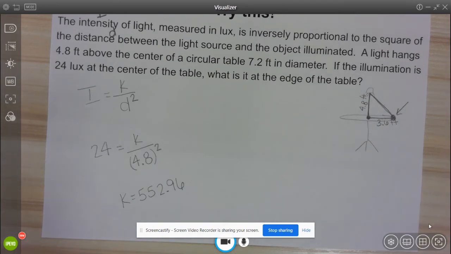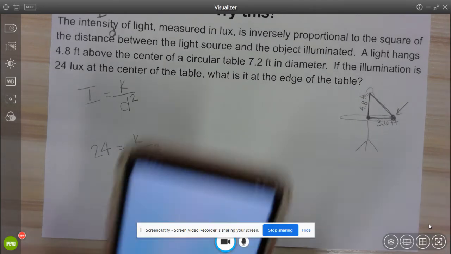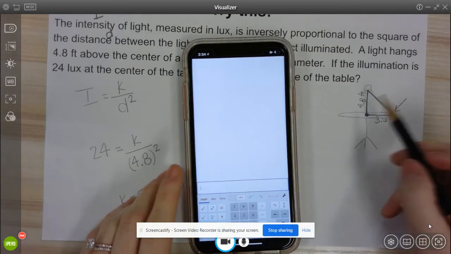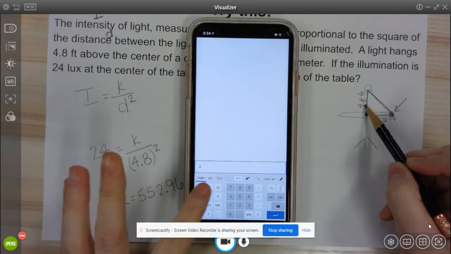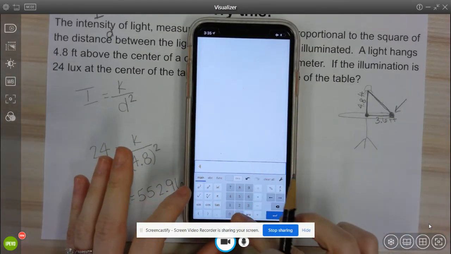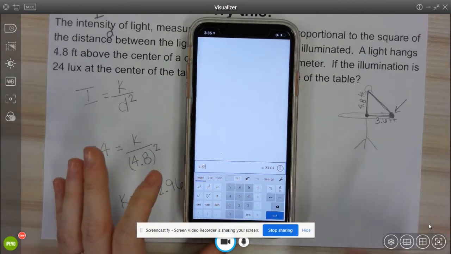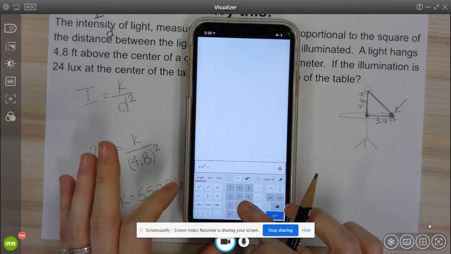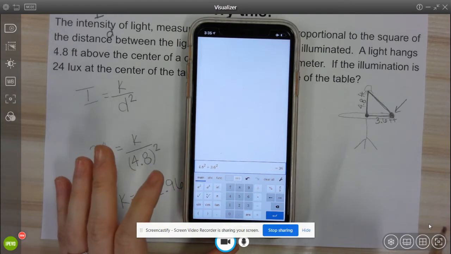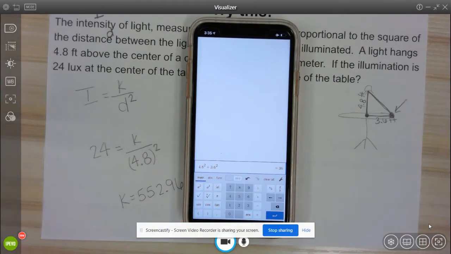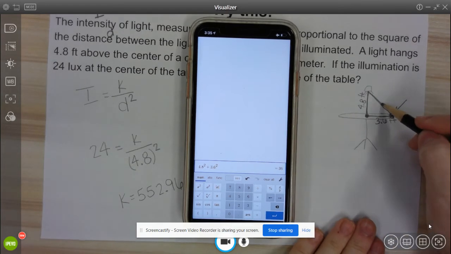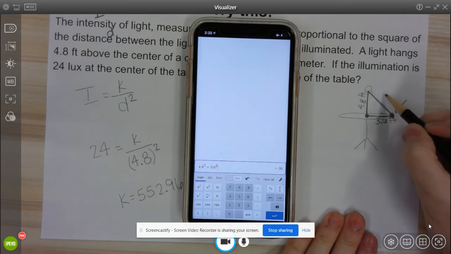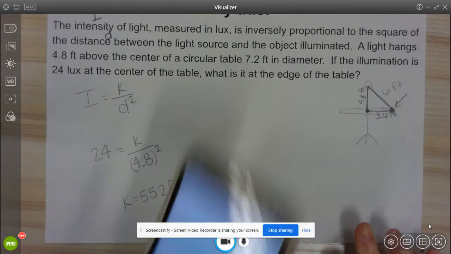So I'm going to do 4.8 squared plus 3.6 squared, which, oh my gosh, gives me 36. How beautiful is that? So I know that c squared is 36. The square root of 36 is 6. So I know that that is 6 feet.